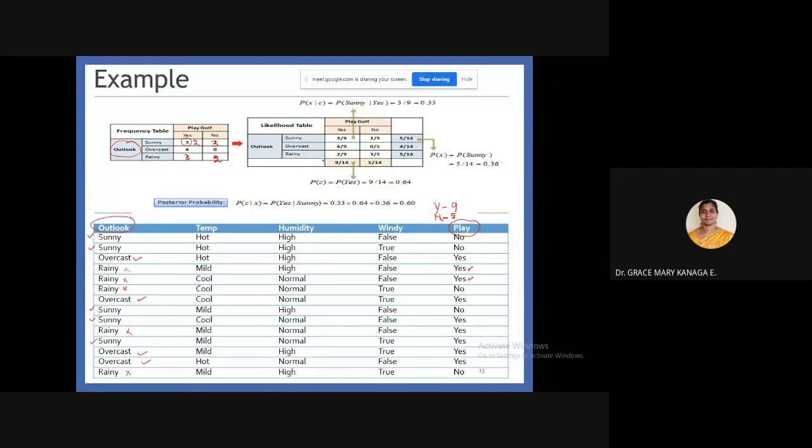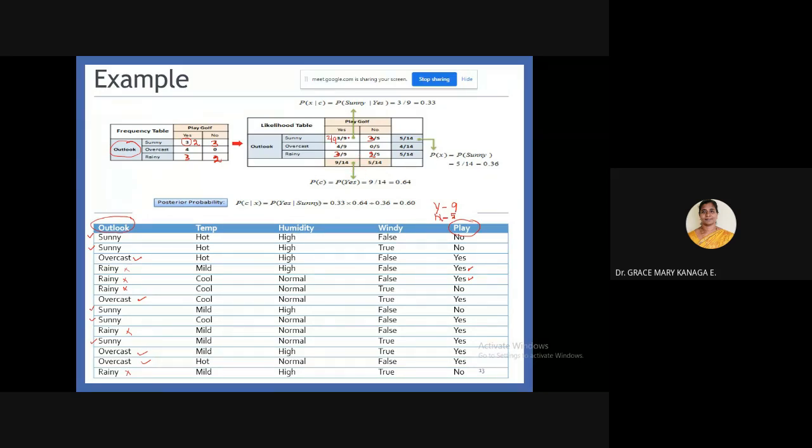So for yes, this is 2 by 9, and this is 3 by 5. Here also this is 3 by 9 and this is 2 by 5.